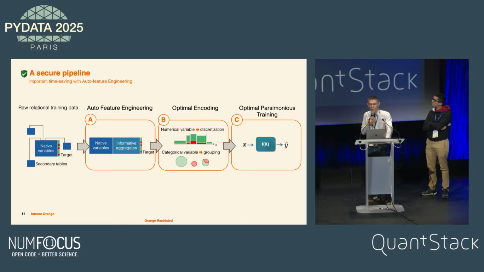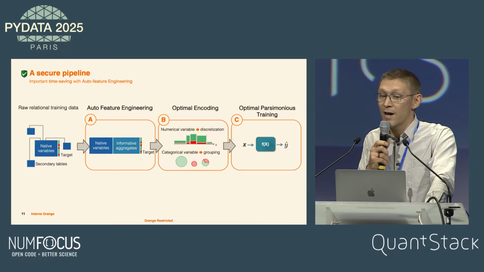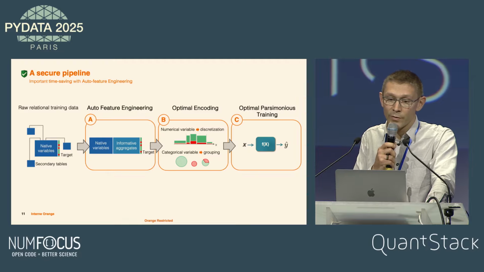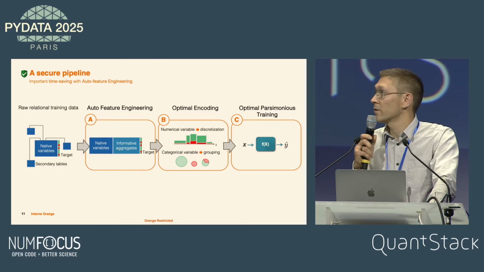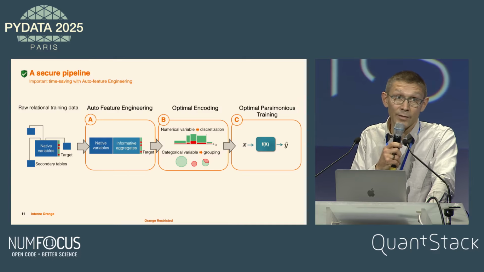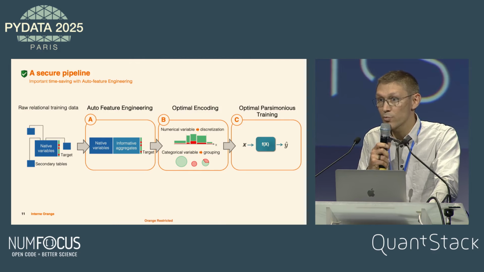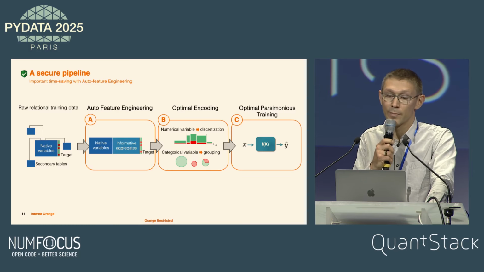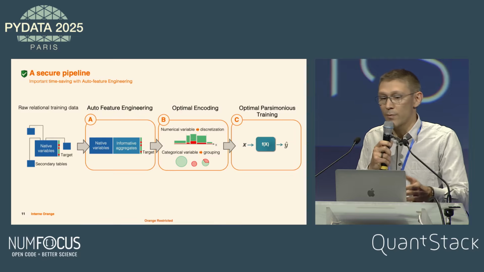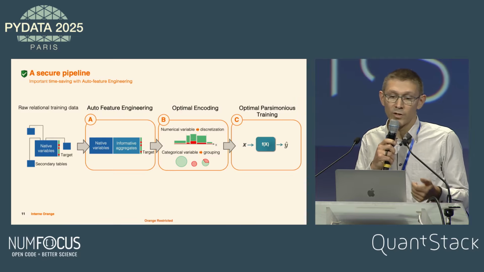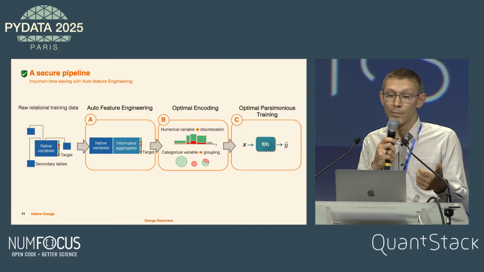After that, all these variables are optimally encoded. So numerical variables are discretized. The modalities of categorical variables are grouped. And in both cases, the objective is to predict the probability of the target at this step. And at this step, we have a large collection of univariate models, which take into account a single input variable.